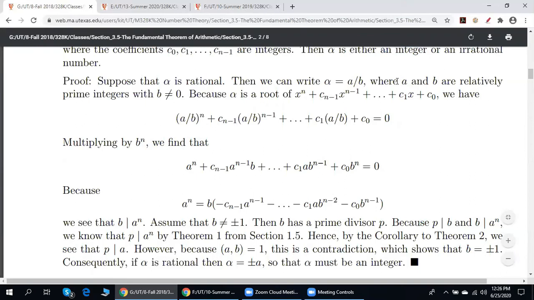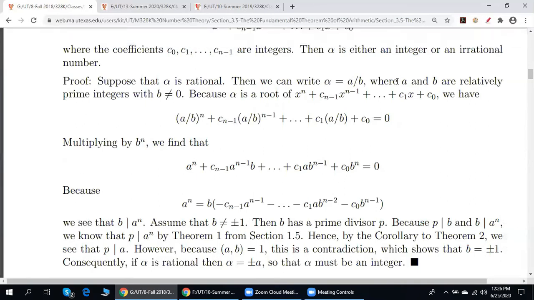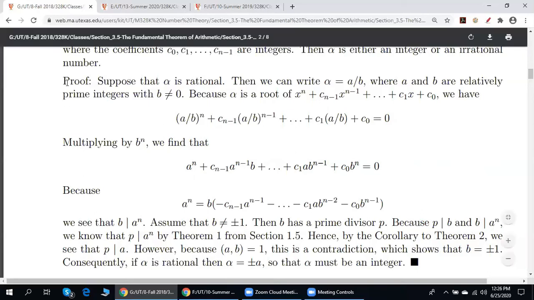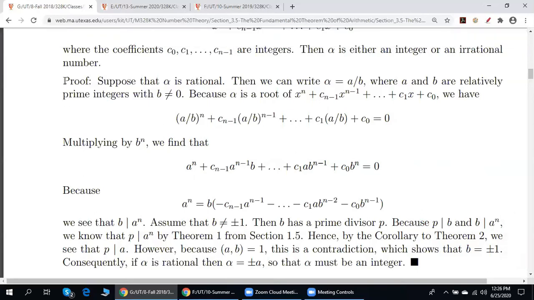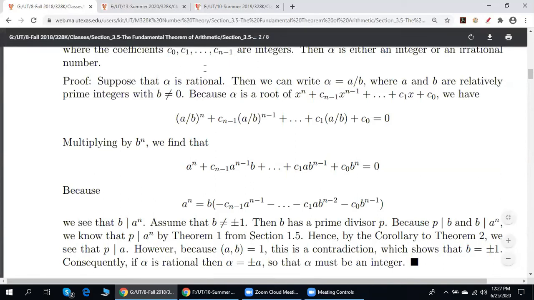Conclusion: alpha is either integer or irrational. So by supposing that alpha is rational and then showing that it's not irrational. Once again, so for any real number, there are only 2 possibilities. Alpha is either rational or irrational. Agree? Yes. So, if alpha is irrational, we are done.